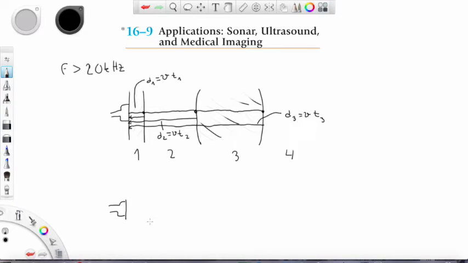So now we know that there was a reflection at distance 1, so we have some kind of tissue change at that distance. Also, there was another reflection at distance D2 from here, and also at D3. So this is purely one-dimensional imaging, and as such it's not very informative.